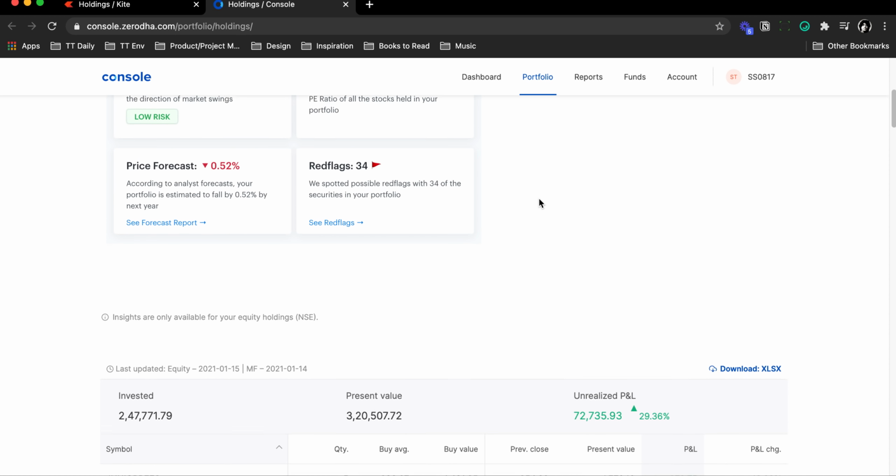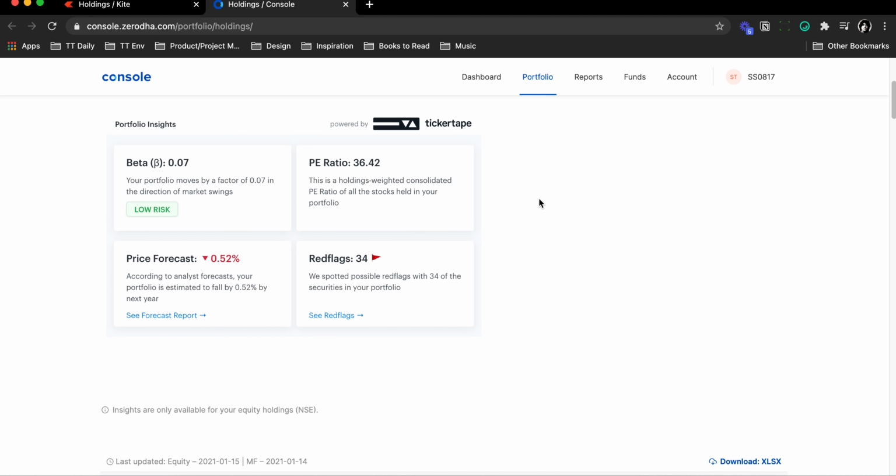So the next thing that we can look at is the price forecast. Now, the price forecast basically is a forecast that we get from different analysts, and we obtain this by passing your information again over to Tickertape, and we accumulate a lot of information from analysts, and we basically run your portfolio past all of those forecasts that we have inside our system, and the price forecast is calculated for your entire portfolio.